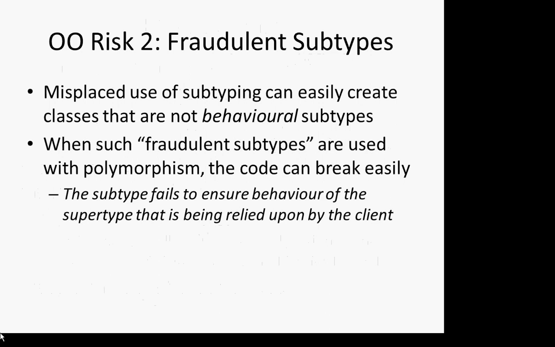And in this case, if we have subtypes that don't adhere to the promises of the supertypes, we can get situations where the subtypes break the code of the supertype. Code written against the supertypes. So all this code that was tested before with respect to supertypes suddenly breaks.